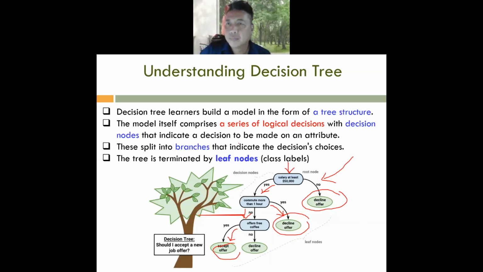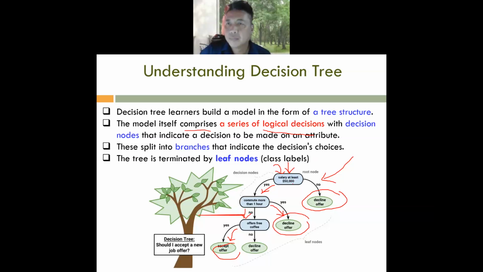So what happened is the model itself comprises a series of logical decisions. So at each node, they will make decision to go to certain path. At each node, they split into branches that indicate the decision choice.